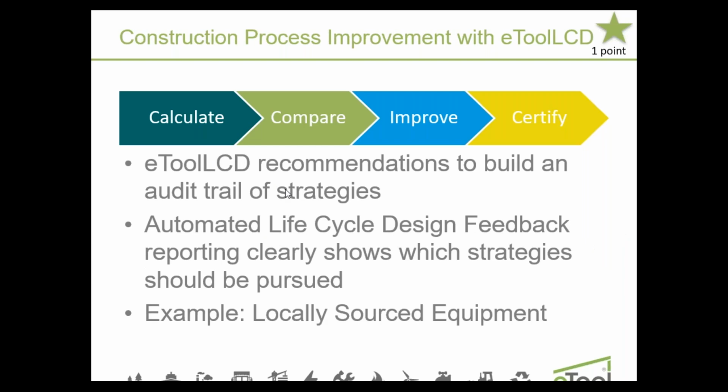Same thing with construction process improvement, and this is where it goes into the modules B4, B5, A4, A5. The construction process, so some excavators, maybe you want to use renewable power during construction and show what it would do to the whole environmental performance, or you try to use less excavators or different equipment, local suppliers, for example, locally sourced equipment, because everything will need to be delivered to the site.